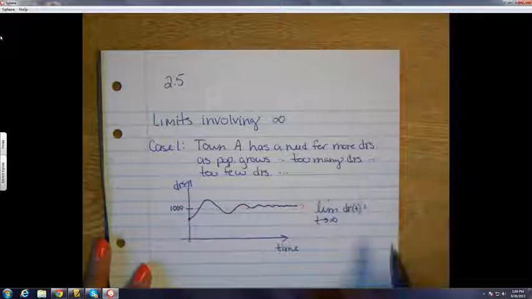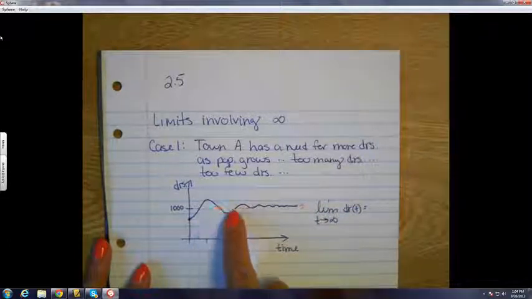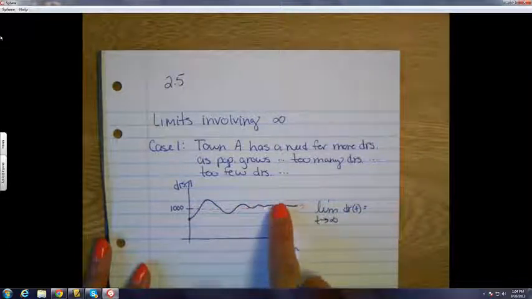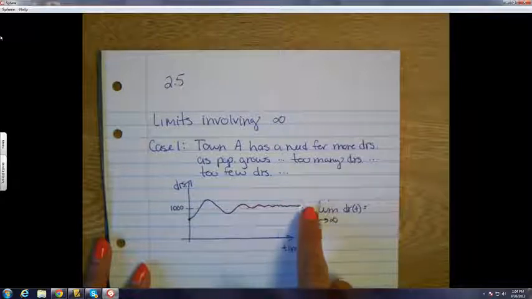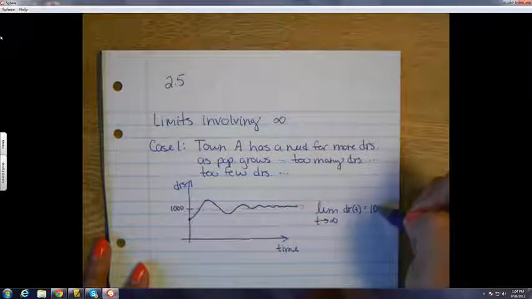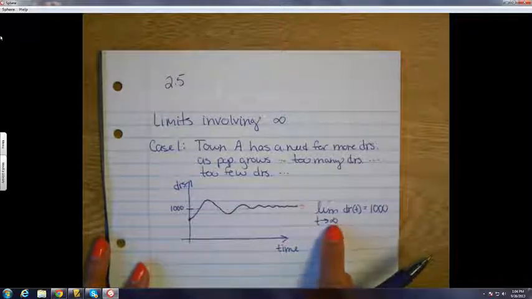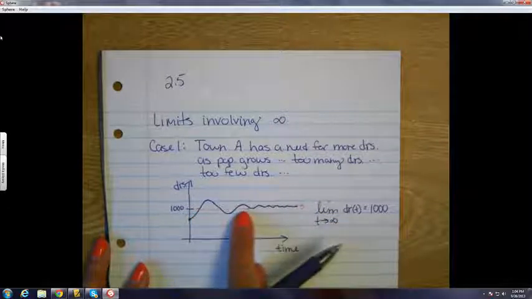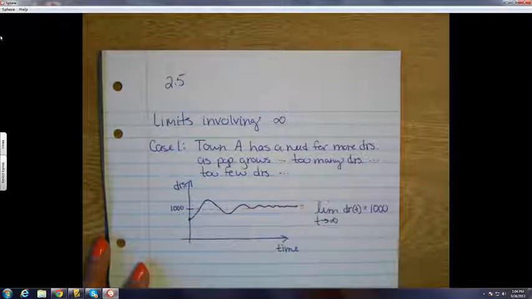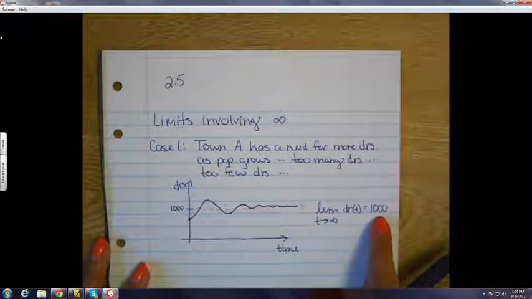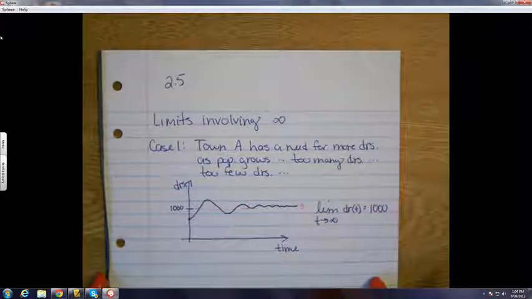And if you look, it's the y value that we're approaching. We keep jumping up and down across it, but what do we approach as time goes on? We zero in on that 1,000. So here, instead of approaching a single x value, it's the idea of going all the way out to infinity. And what y value are we approaching? That's our limit. So we got 1,000.